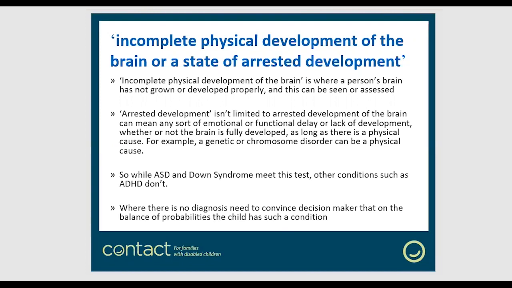So you need to be able to show that your child's condition is caused by either an incomplete physical development of the brain or a state of arrested development. So incomplete physical development of the brain means that the child's brain hasn't really grown or developed properly. And normally that's something that can be either seen or assessed, usually via some sort of imaging technology.